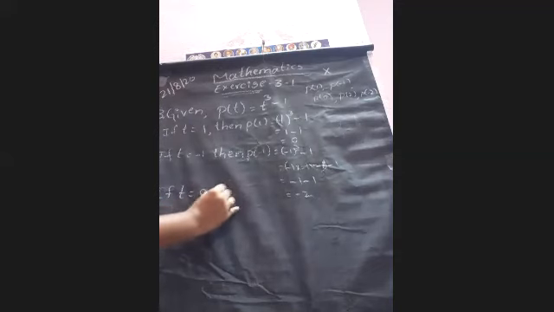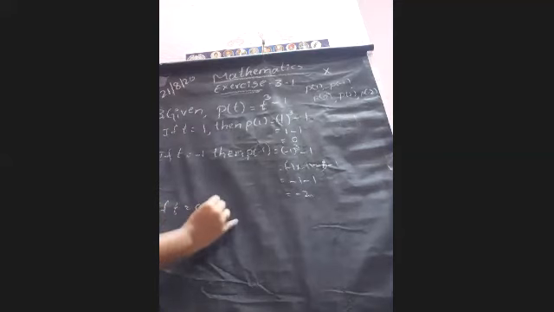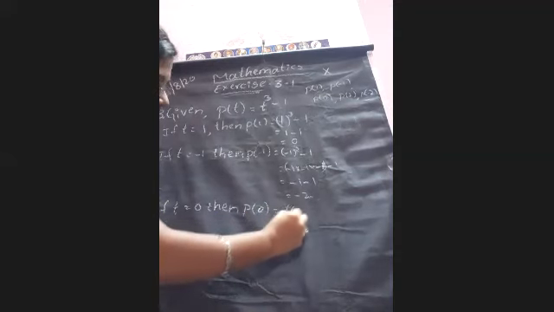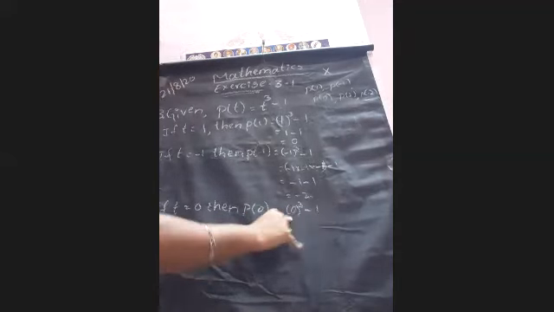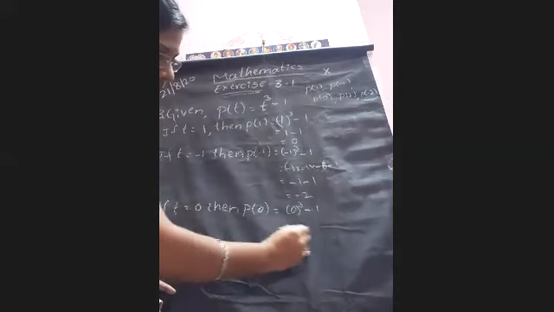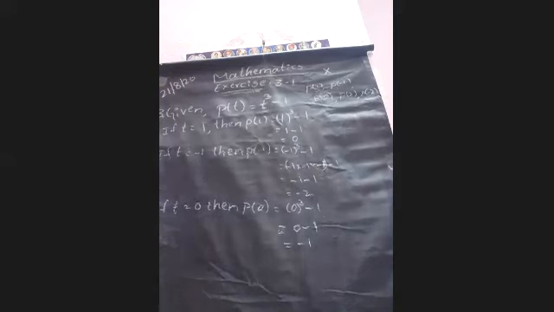Next, if t equals 0, then P of 0 equals 0 cube minus 1. 0 cube means we get 0 only. 0 minus 1 equals minus 1. Next, like that only.